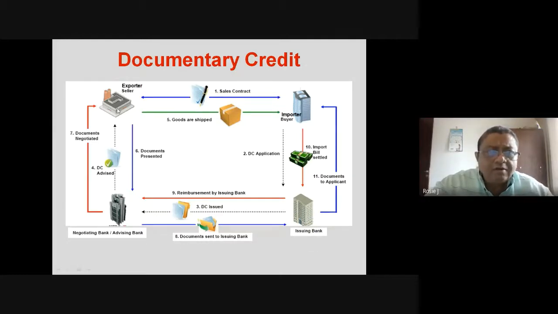And also, the performance of the exporter is assessed documentarily, not physically. Based only on the documents submitted, they ascertain whether the exporter has done the job or not.